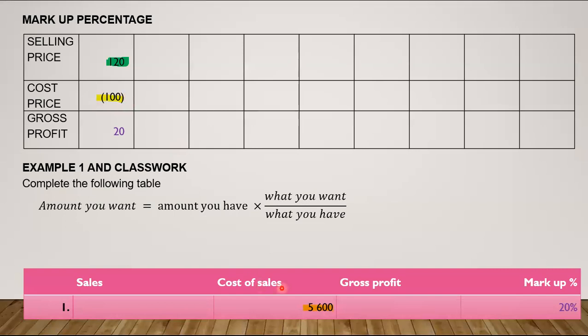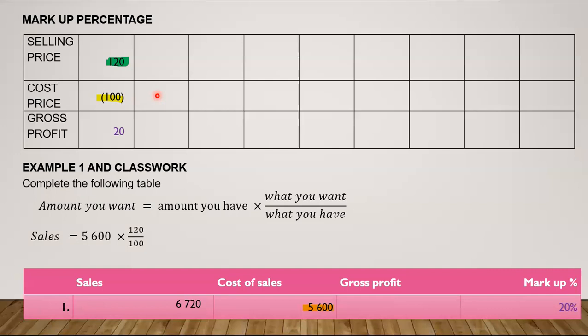So basically, you will take this 5,600, multiply it by 120, because that's what we want, and divide it by 100, because that 5,600 is the cost price, and the cost price percentage is 100. And that'll give you your sales value, which is 6,720.